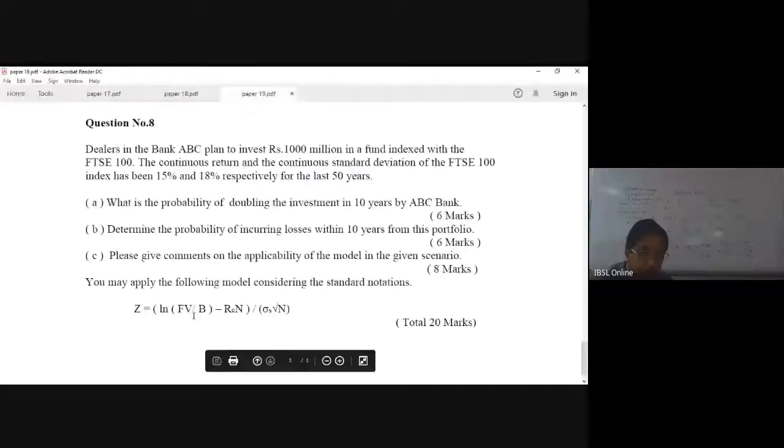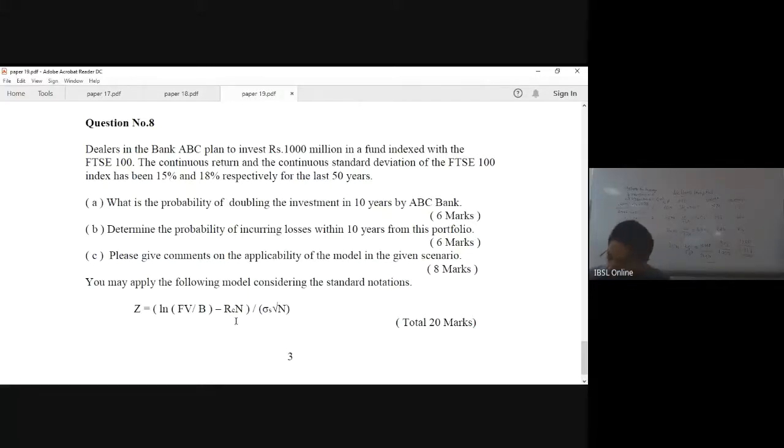Here log FV over B becomes log 1, which is 0. Then you get minus RC into N. RC is 0.15, so 0.15 into 10 is minus 1.5. So in the numerator you get minus 1.5.